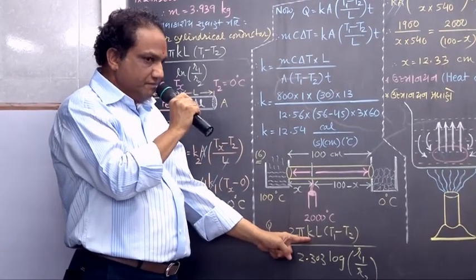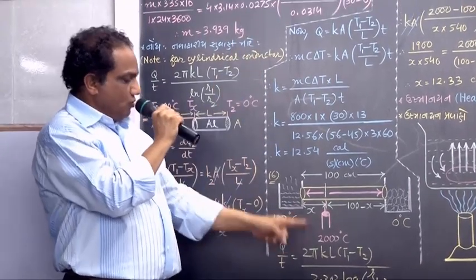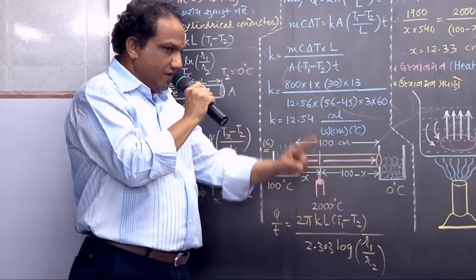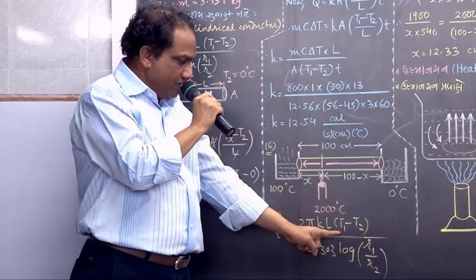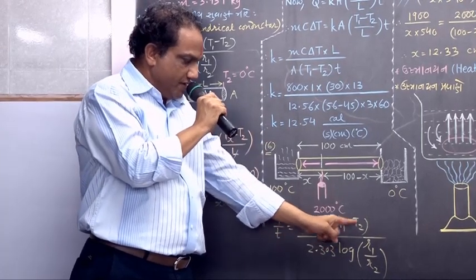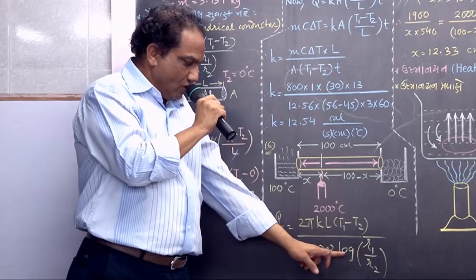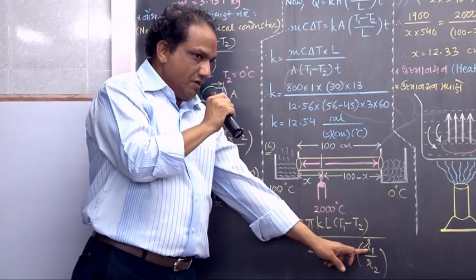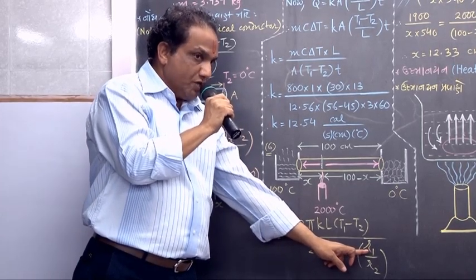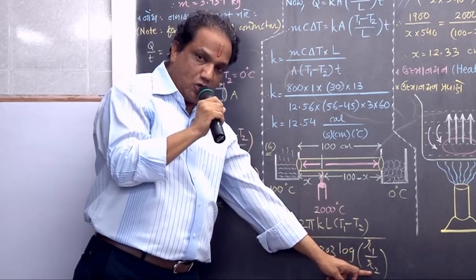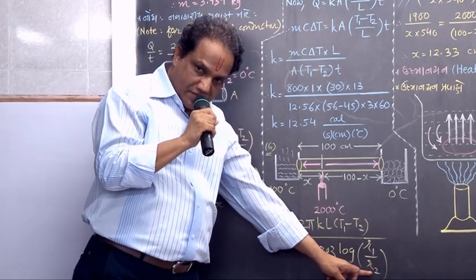What about small k? 0.0275. Correct. What about L? 3 meter. What about temperature difference? 30 minus 0. Then 2.303 log R1, which is 0.2314, and R2 is 0.2.